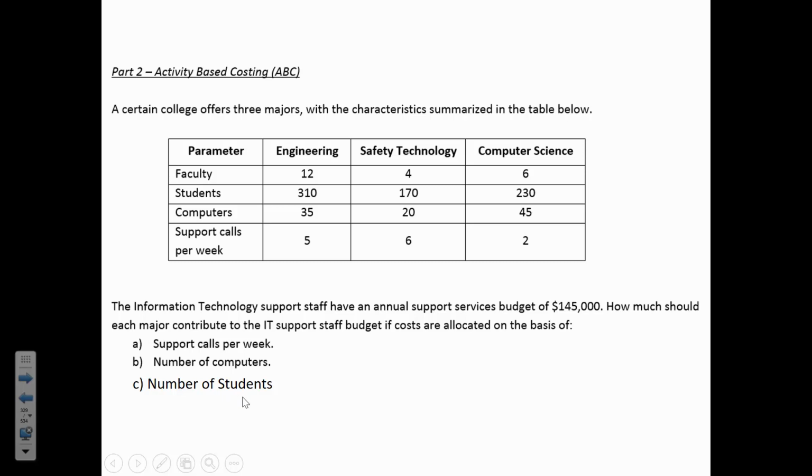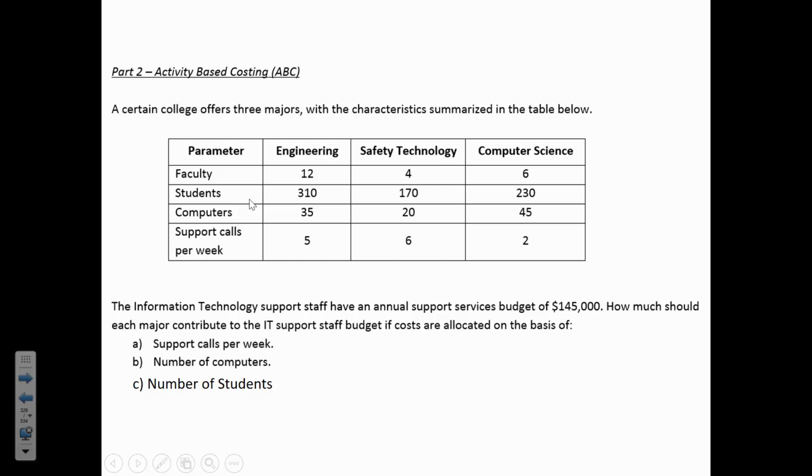There's a couple of different ways you could look at it. If you were in the safety division, which of these 3 methods would you want the indirect costs to be allocated on the basis of? Or if you were in the computer science division, which rationale makes the most sense to you?